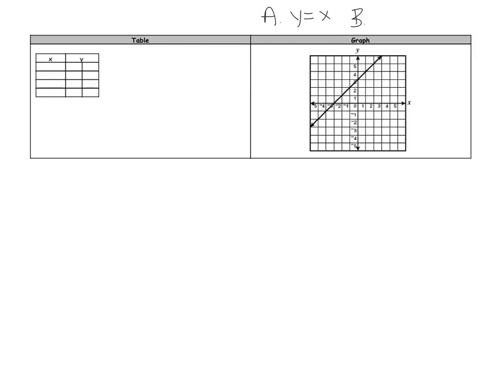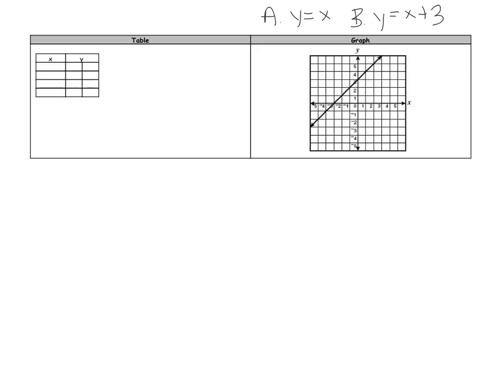B, I believe, was y equals x plus 3. And so what we would have to do then is create a table and plug that into the rule to determine if the points we find fall on this graph. So let's go ahead and do y equals x first.